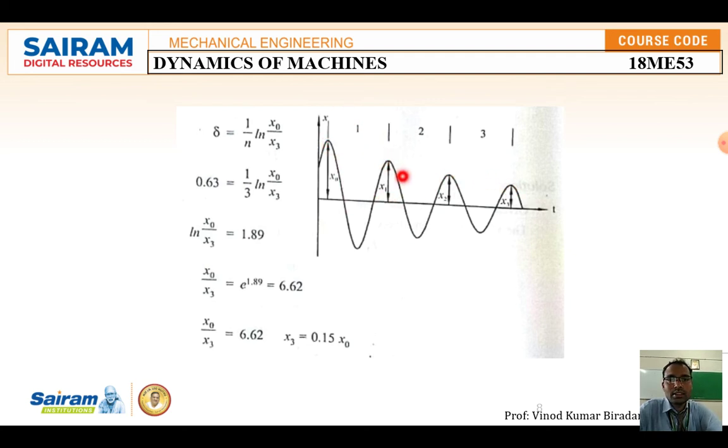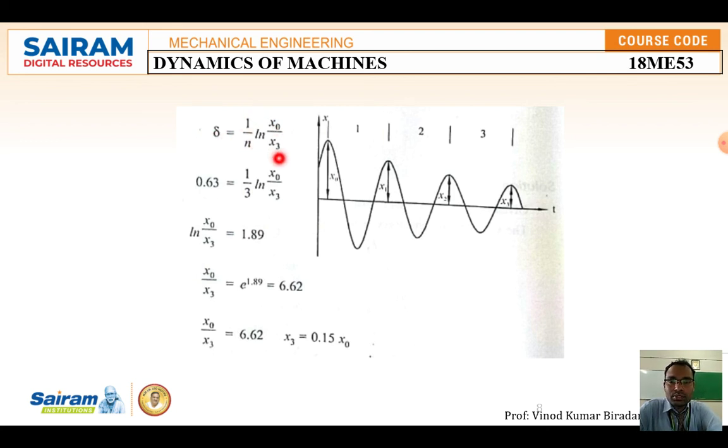This is one cycle, this is two cycles, this is the third cycle. After the third cycle you calculate the oscillation. Here x stands for displacement and this is the time. With respect to time the amplitude keeps decreasing and reaches the static equilibrium position, which is a horizontal line. So here delta is equal to 1 by n ln of x naught by x3.